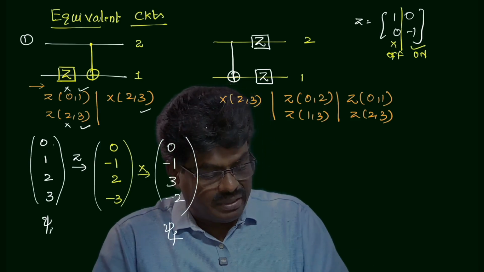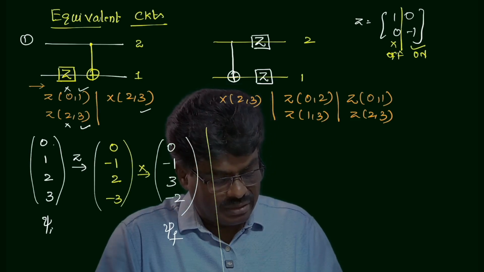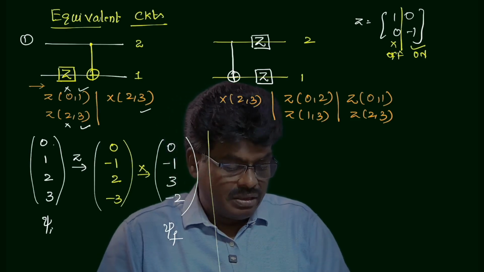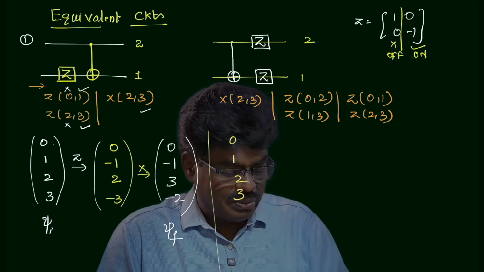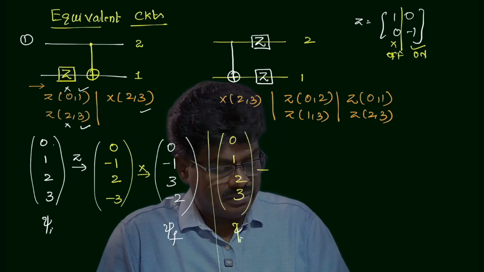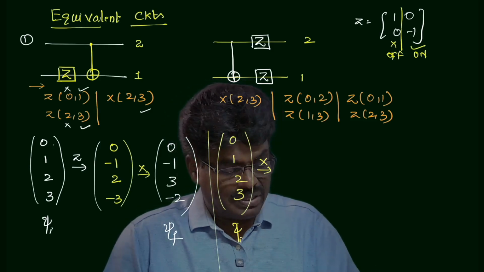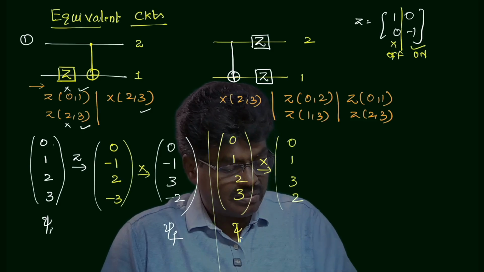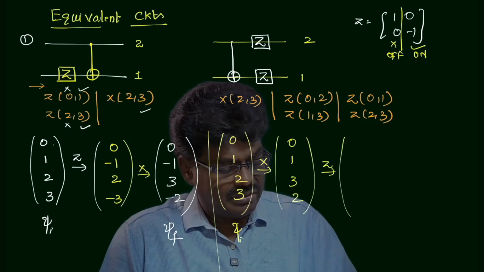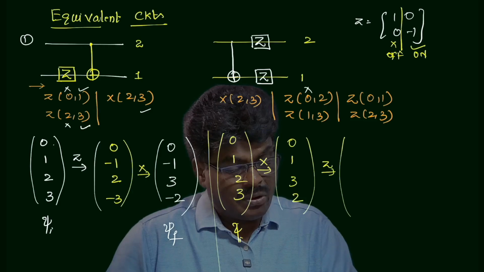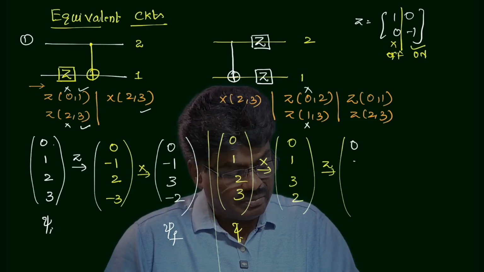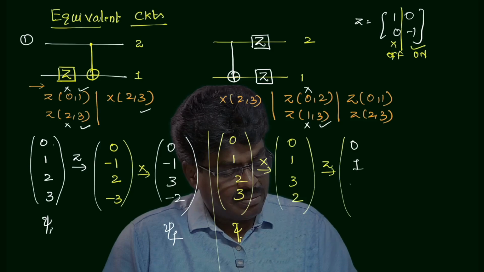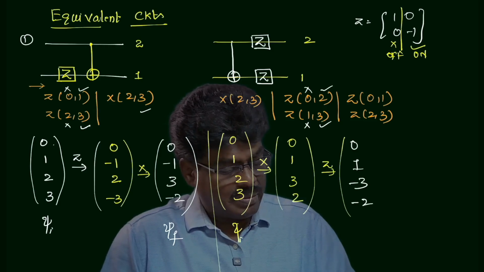Now let me check whether you are getting the same answer for this or not. So here again I am taking a 0, 1, 2, 3 initial state. Now first here we have x operation. So that is it flips only 2 and 3. So 3, 2. And after that z operation. Okay. So 0 off, 1 off, 3 on, that is minus 3, and 2 is also on, minus 2.